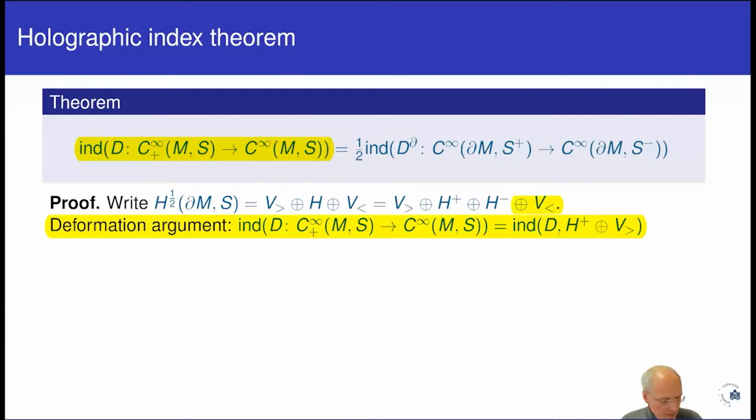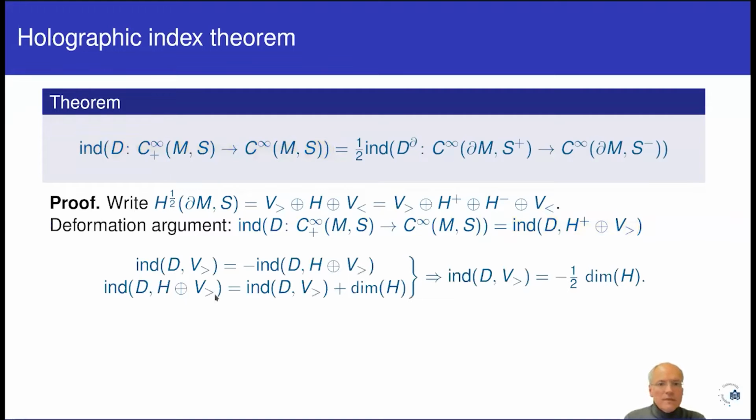We now need to compute this index, right? Okay. Good. So let's do that. So first of all, if I look at these Atiyah-Patodi-Singer boundary conditions, V plus, so let's look at this first line here.